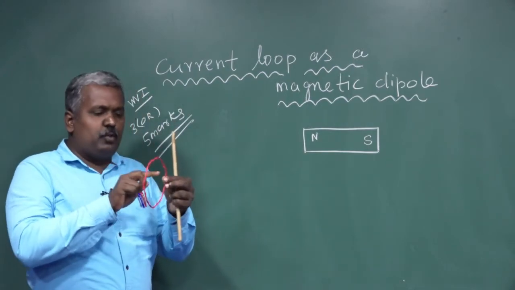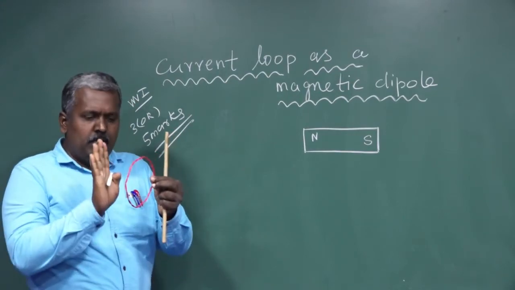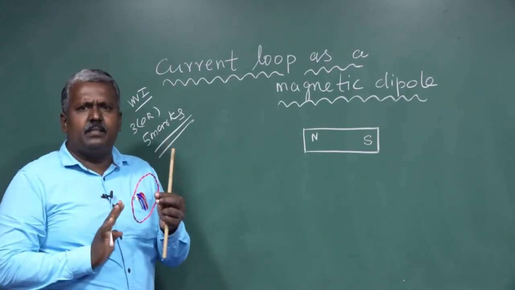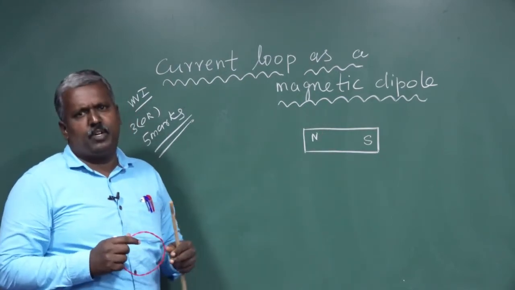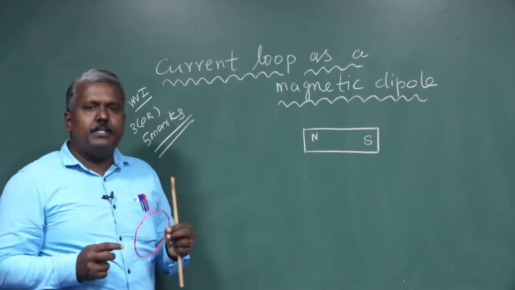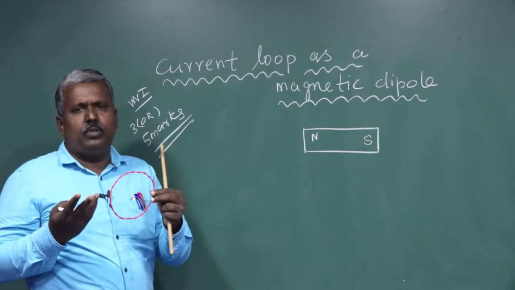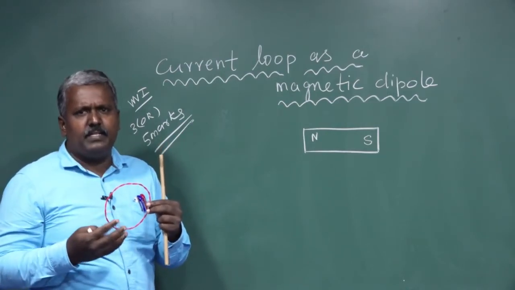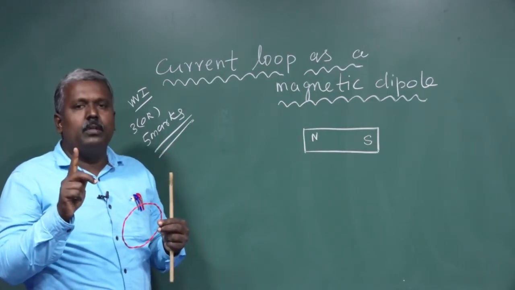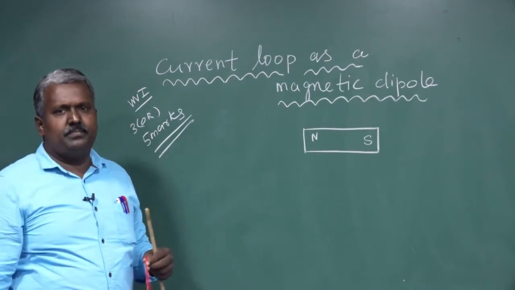When current flows through a circular loop or coil, this also acts like this bar magnet. With respect to the current flowing through it, one end acts as south pole and the other end acts as north pole. With respect to the direction of the current flowing through it, that is important. Keep it in mind. Clear?